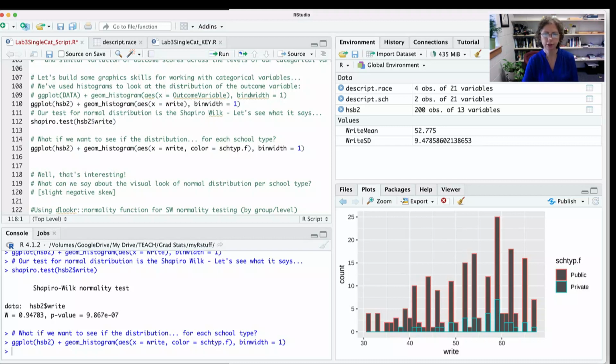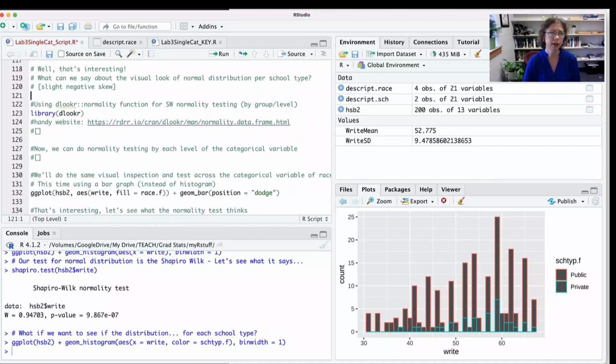So that gives us a different look at it. We still see somewhat of a negative skew going on, and the difference here is that we have a lot more cases in public than we do in private. But that adds a little more information. It helps your reader see what's going on with the data.